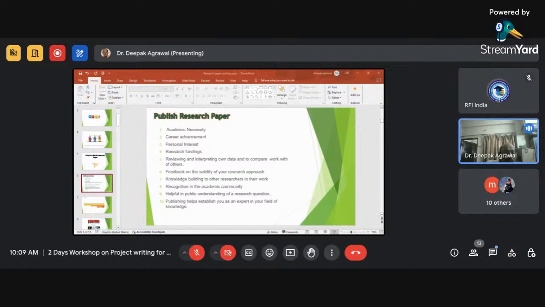Then, definitely, recognition in the academic community. Once your research paper is published in a standard or reputed journal, it automatically creates good rapport amongst the academic community and helps public understanding of a research question. I would like to talk about this in two ways.